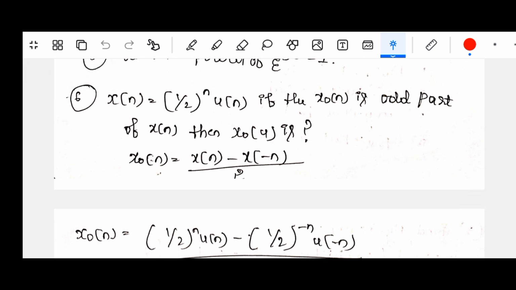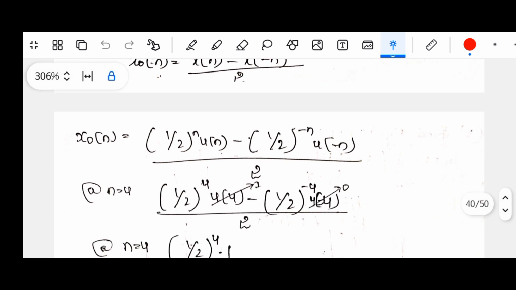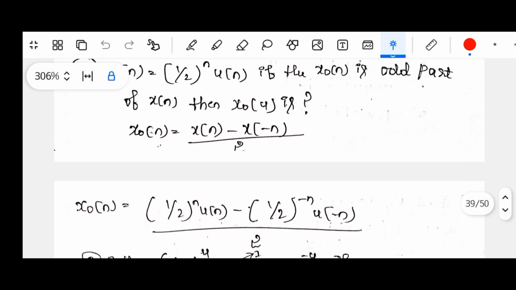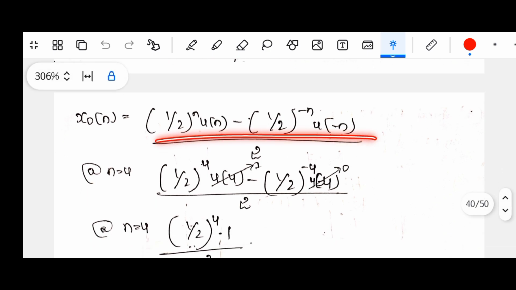If x₀(n) is the odd part of x(n), then find x₀(4). We know the formula for the odd part: x₀(n) = (x(n) − x(−n)) divided by 2. Substituting, we get x₀(n) = ((1/2)ⁿ u(n) − (1/2)^(−n) u(−n)) divided by 2.